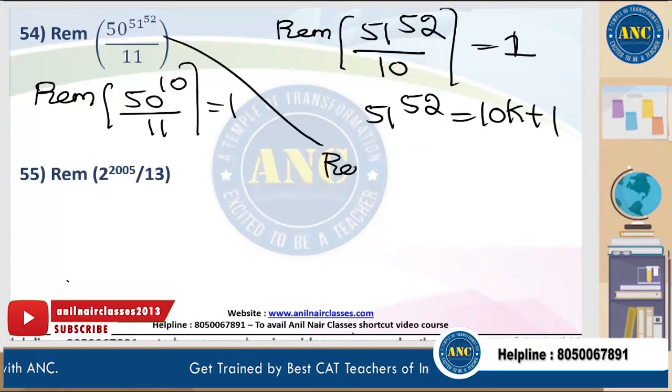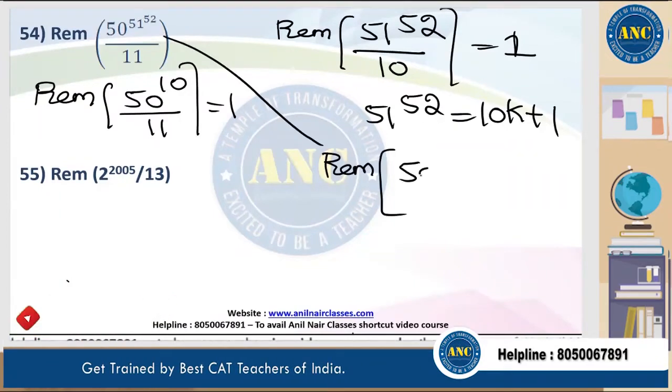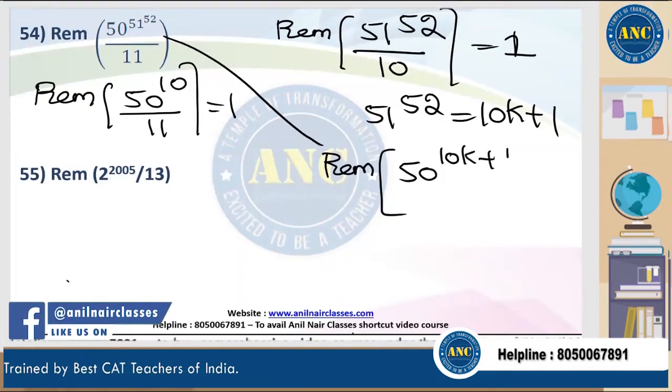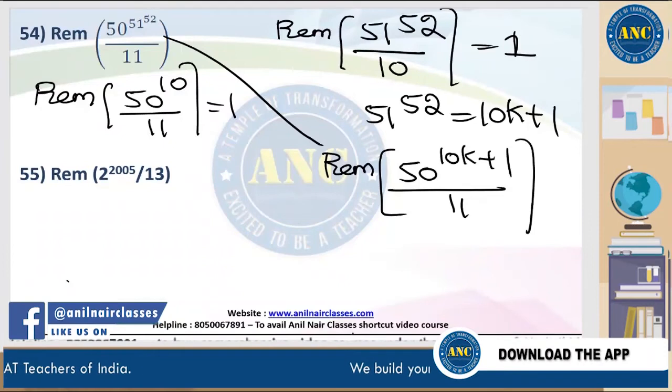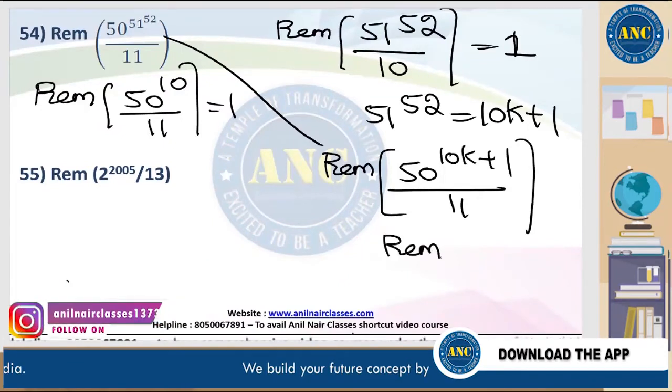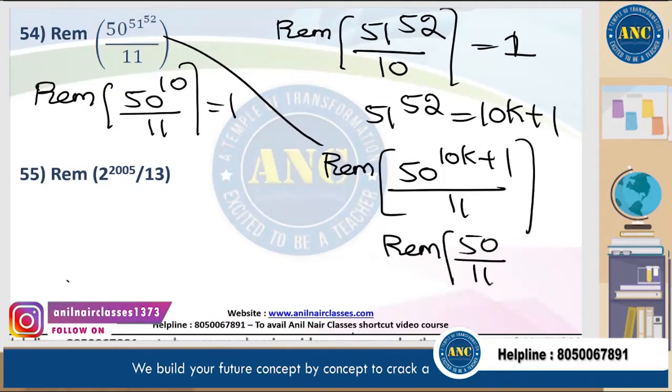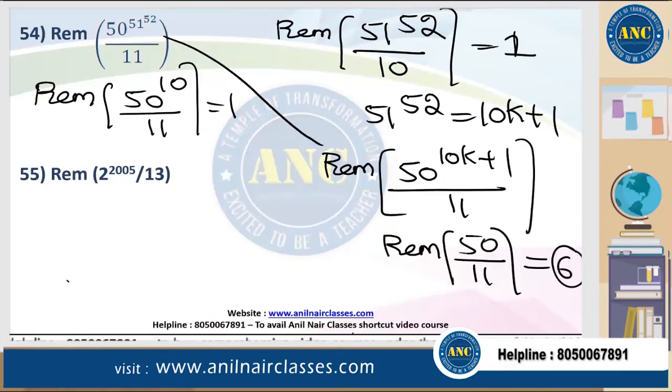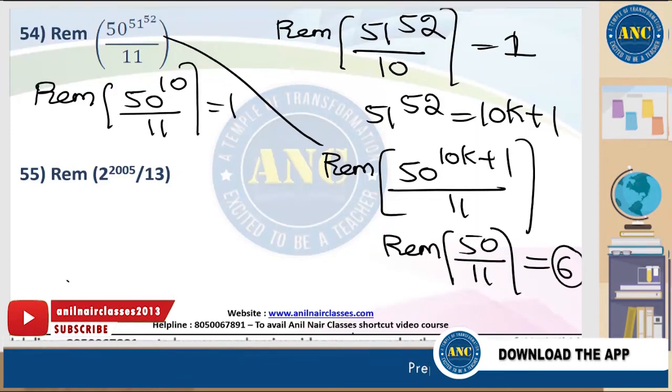So this will become the remainder of 50 power 10k plus 1 divided by 11, which is 50 by 11. 11 4s are 44, remainder is 6. Idea clear, right?